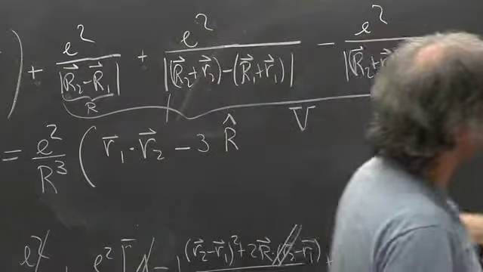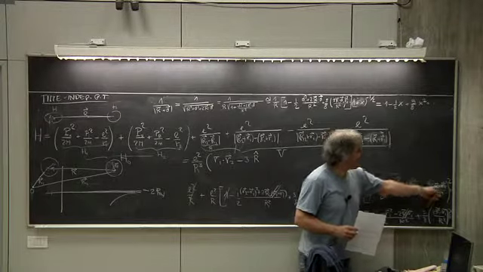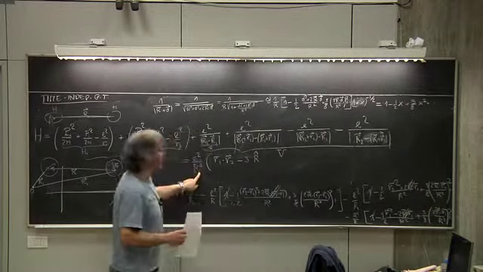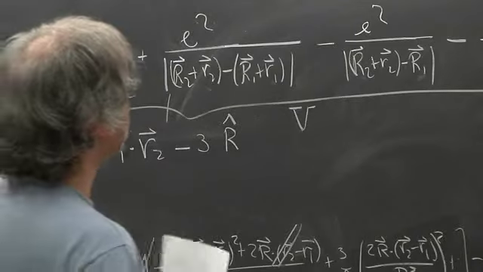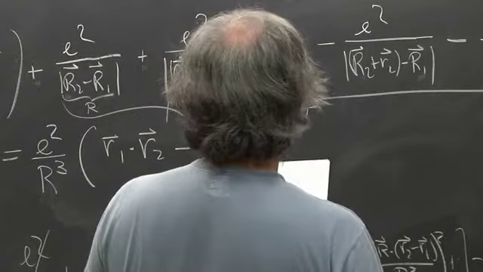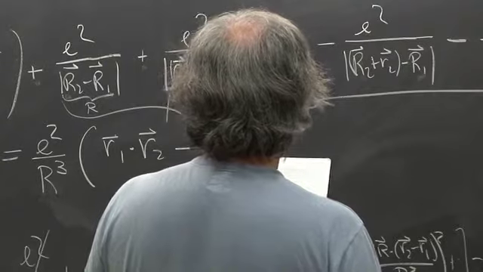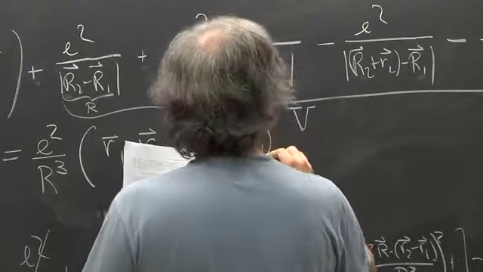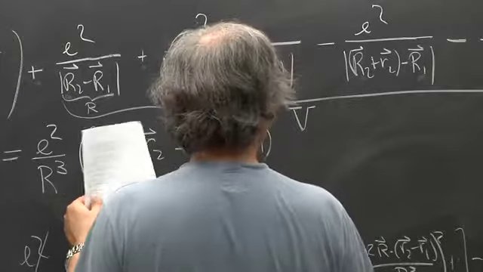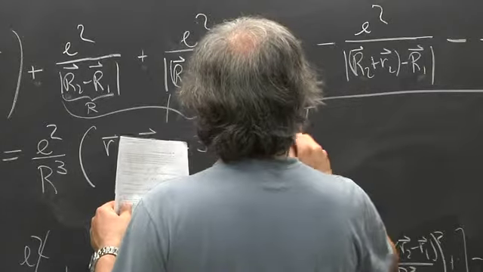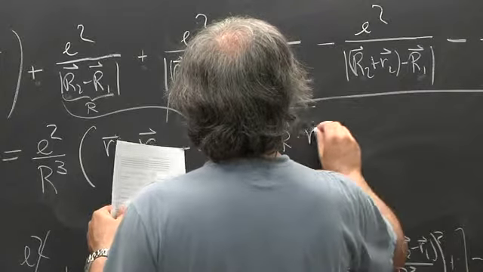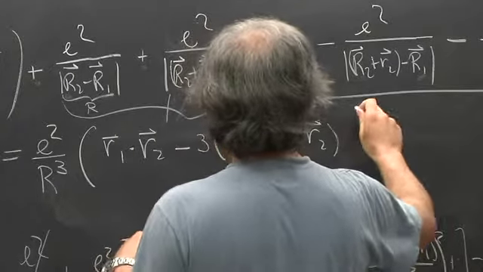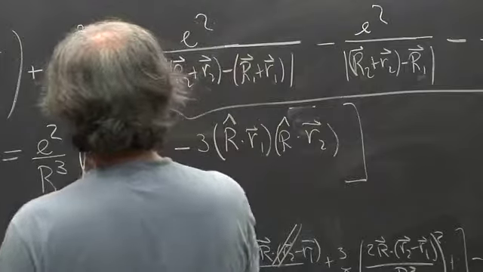And then there is another 1 over r squared that ends up there, okay? So that term is simply minus 3 times r dot r1 r dot r2, okay? This is what you get.